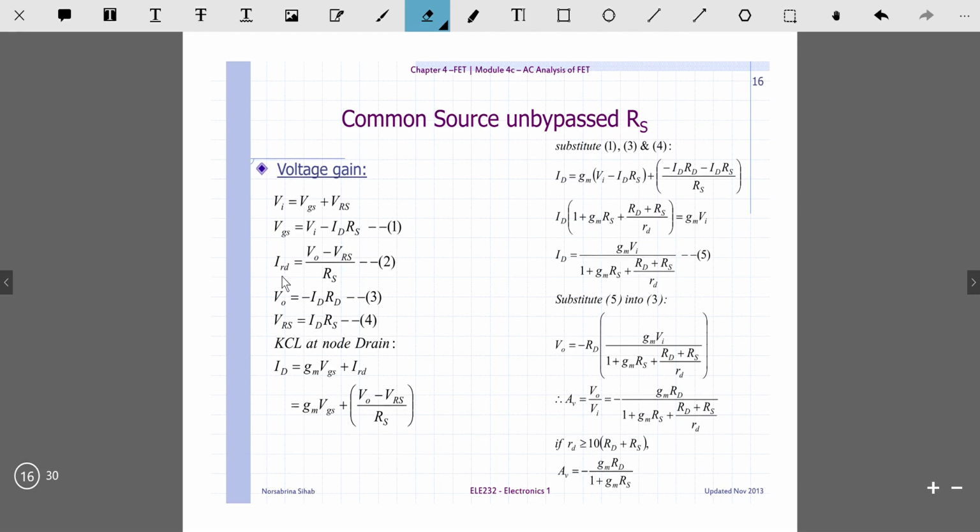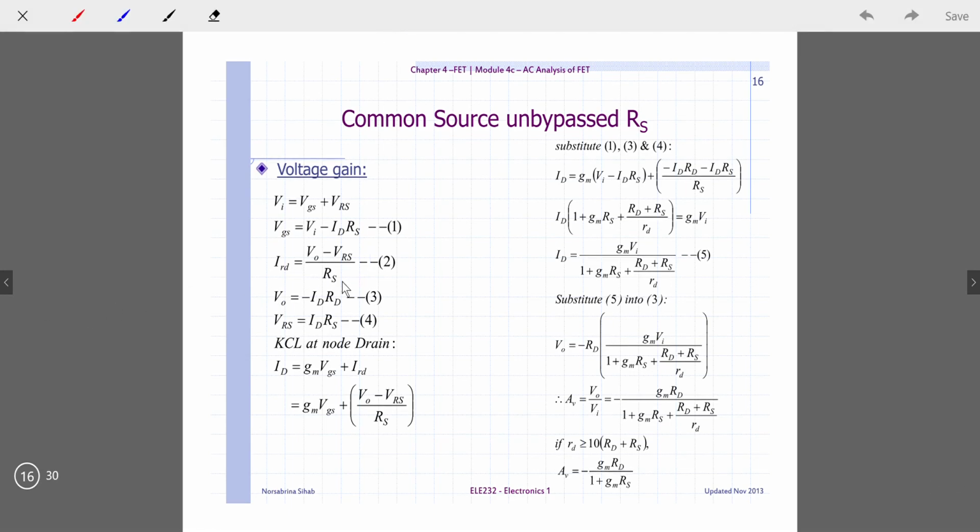So the second equation is IRD multiplied by small letter RS. Okay, so this actually is equal to small RD. Okay, I'm sorry. Let me try again.